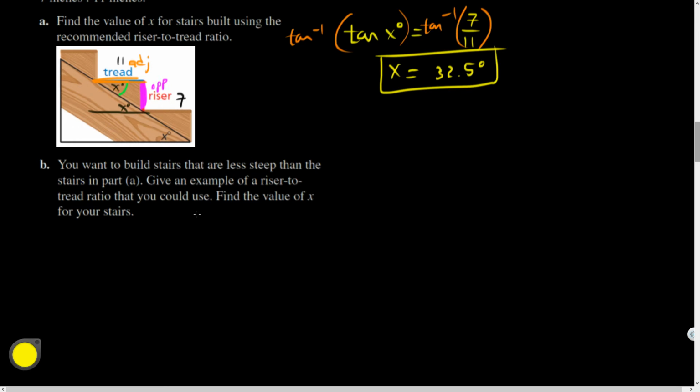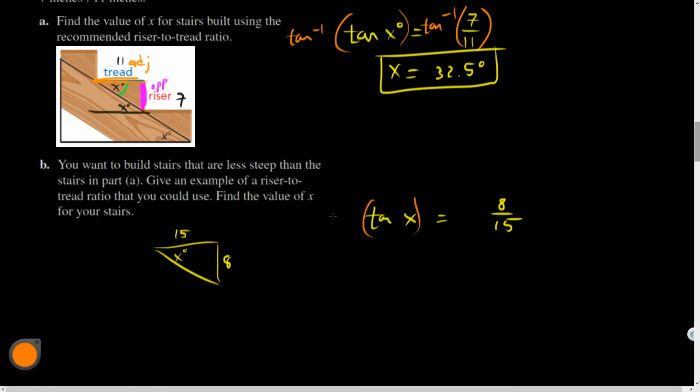Oh, 8 to 15 is 8 divided by 15. That's 0.53 repeating. Is that less than? And it is. Okay, so let's say I've got 8. Did you give me a real value, or you're just making something up? So there's x. So I would say tan x is equal to 8/15.